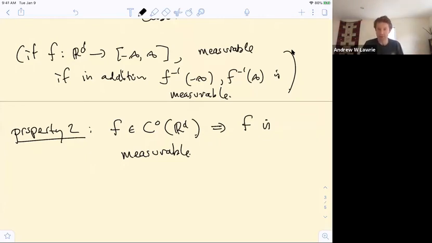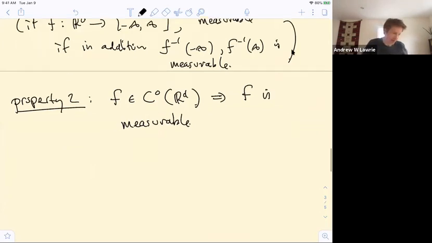The continuous functions are measurable functions, because for a continuous function, the preimage of every open set is open. That's one definition of a continuous function. And since every open set is measurable, the preimage of every open set is open and hence measurable. So continuous functions are measurable.